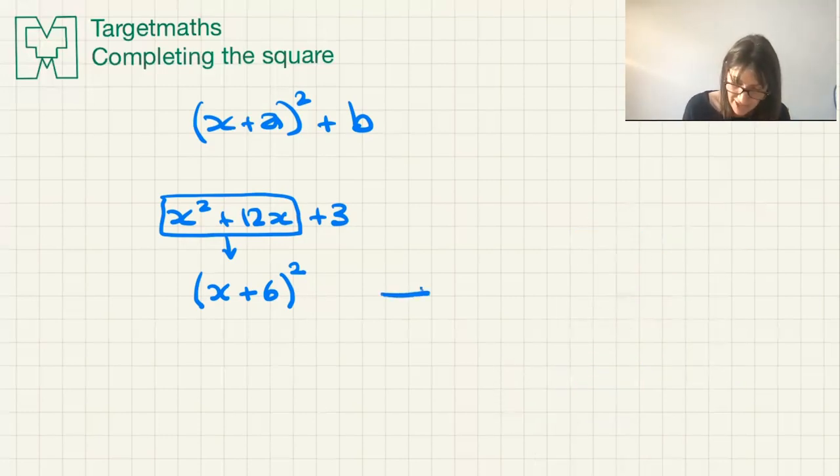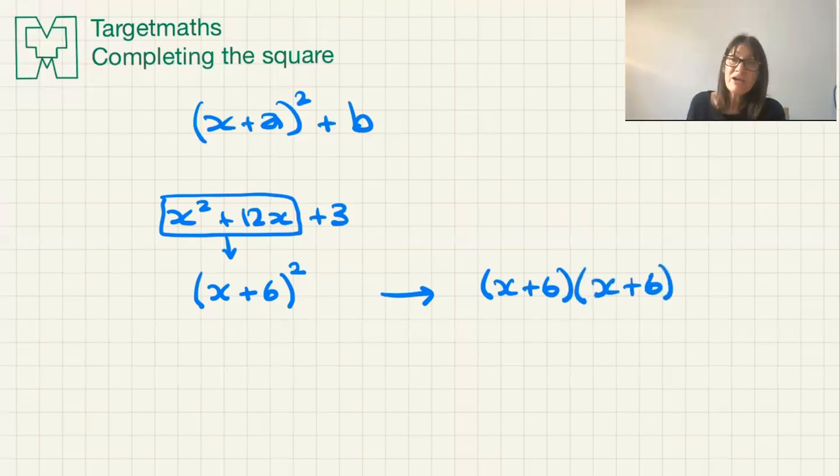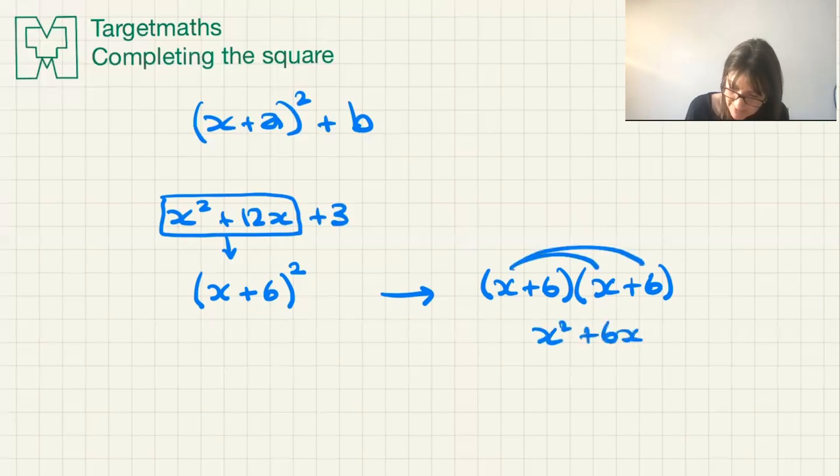Now, if I do what this piece of algebra tells me to do, (x + 6) squared, then I'm going to have x plus 6 multiplied by itself, x plus 6. If I crab's claw this out, I'm going to get x squared plus 6x plus 6x plus 36.